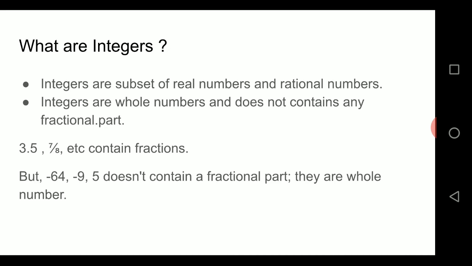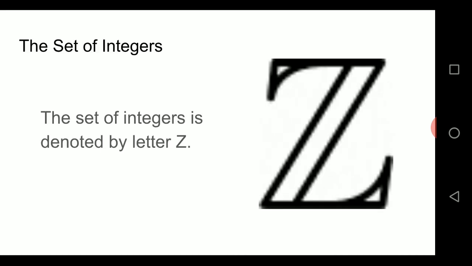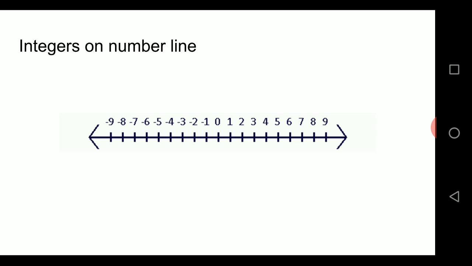So let's explore more about integers. The set of integers is usually denoted by the letter Z. This is the symbol for the particular set, and on a number line, this is what your integers look like. In the center, you have 0, which is a neutral number, and on the right-hand side the numbers keep growing, starting from 1, 2, 3, 4, 5, 6 and so on.